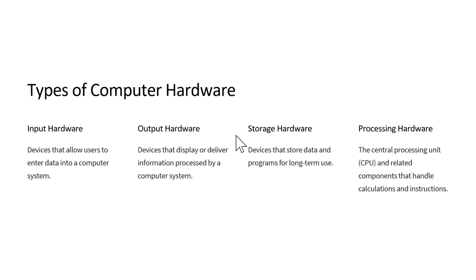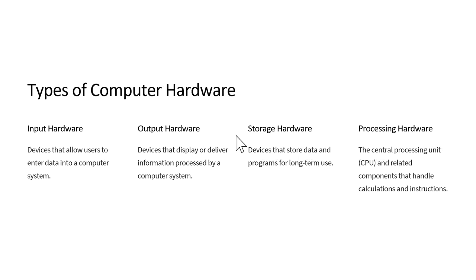Let us talk about the types of hardware. First we have input hardware, the components or tools that we use to tell the computer what we want. These are the tools we touch, for example typing on a keyboard.